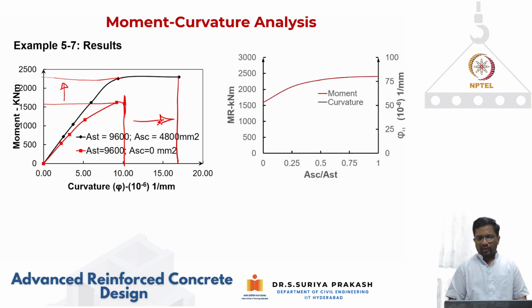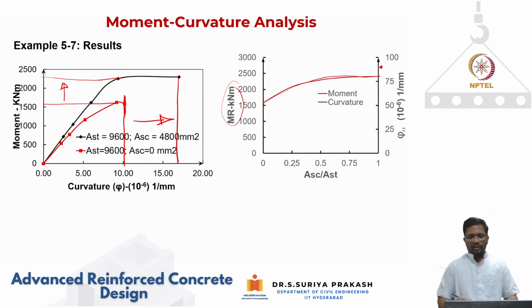If you start plotting, the moment resistance is on this major axis, and curvature, the red color, is actually the moment variation. You see here, for this particular case that we have considered, for 9600 mm square, if I keep putting steel like this, you get the moment increasing.